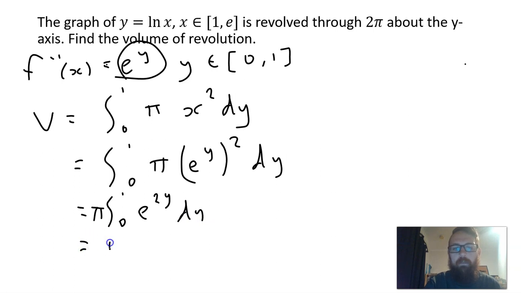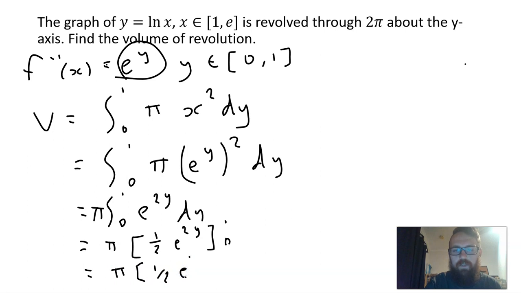If we integrate this, we get pi on the outside, and the integral of e to the 2y is half e to the 2y, from 0 to 1. That's equal to pi times half e squared, take away a half e to the 0.